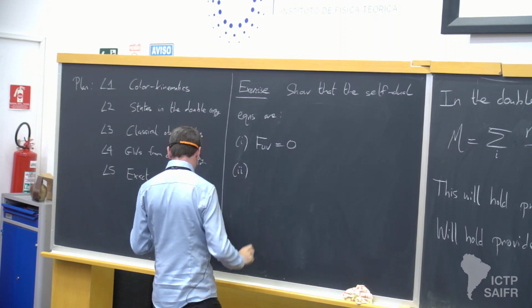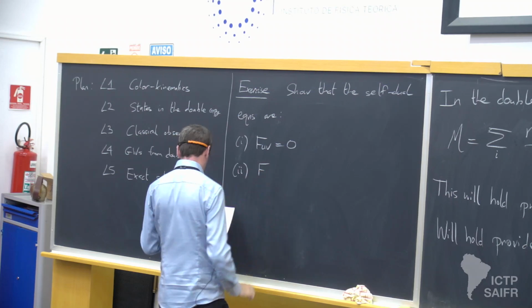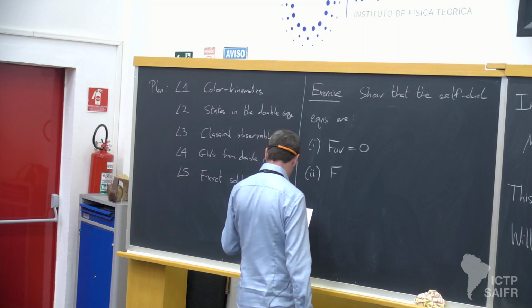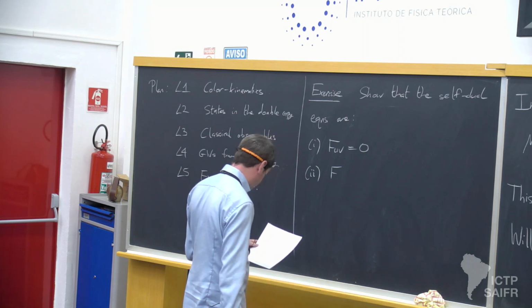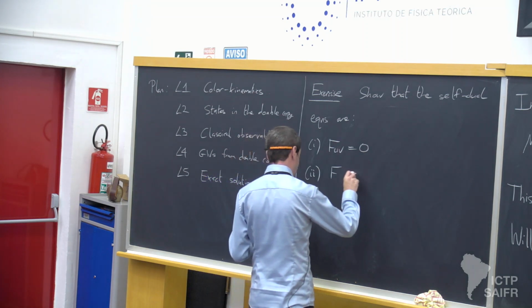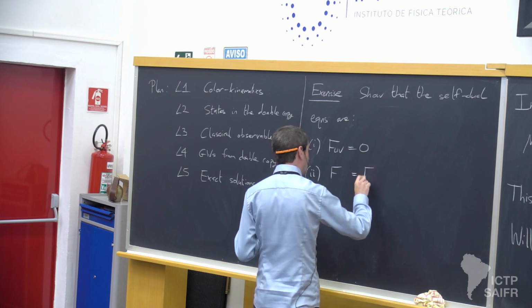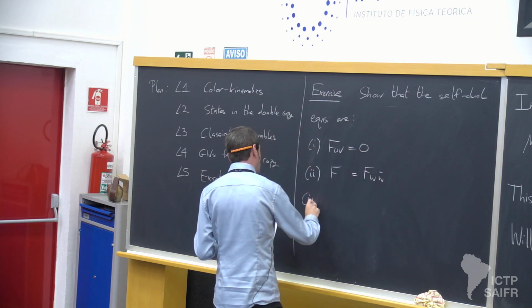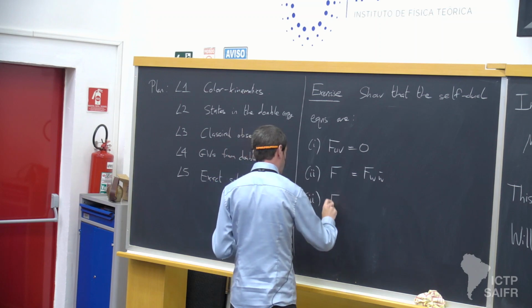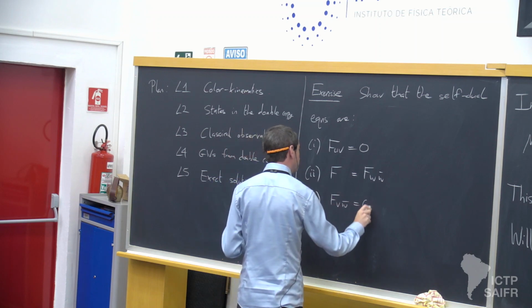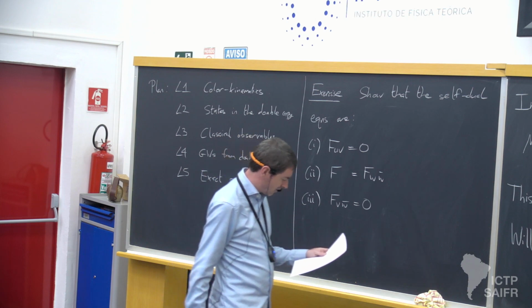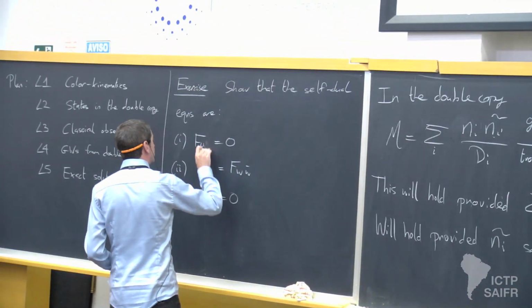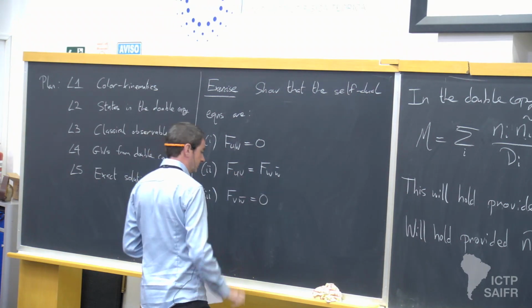The second involves F_w w bar, and F_v w bar. There are some indices there which I need to remind myself of. Ah, maybe this is F_uw. That makes sense. And then this is F_uv.